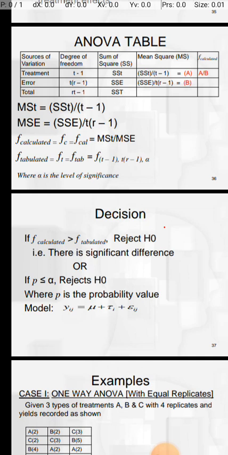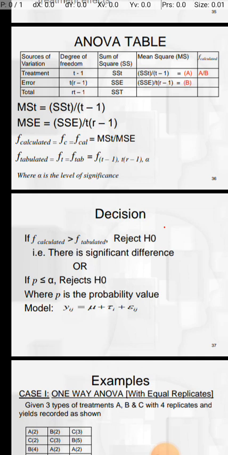Now, on the left hand side at the beginning, under the sources of variation, in the row of the sources of variation, we have the treatment followed by error, then followed by total. I want you to take note as we shall be needing all of them.